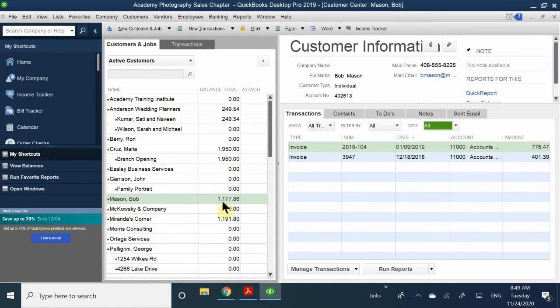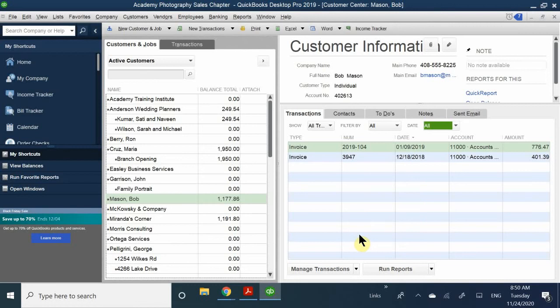So he owes us in grand total $11,776. Okay. So again, straightforward, same thing as what we learned in Chapter 4, which was yesterday, when we enter in everything in regards to a customer, okay?